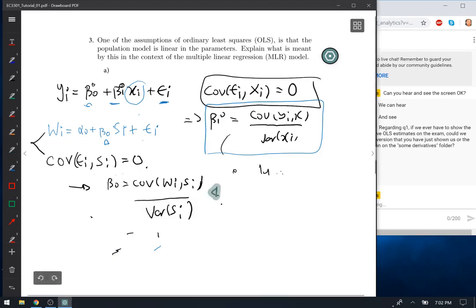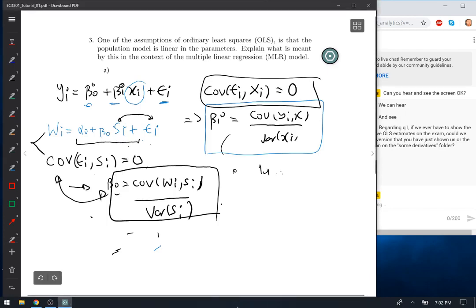That means, in interpreting B0, this B0 has been selected so that S_i and epsilon are uncorrelated. At this value of B0, we know that this holds because we've used that to solve this. So the two things give us the same thing. If we evaluate this at this particular B0, by design, epsilon i and S_i are uncorrelated.